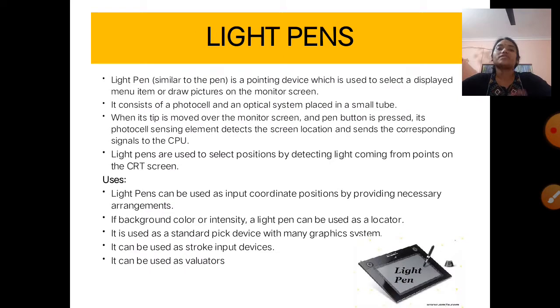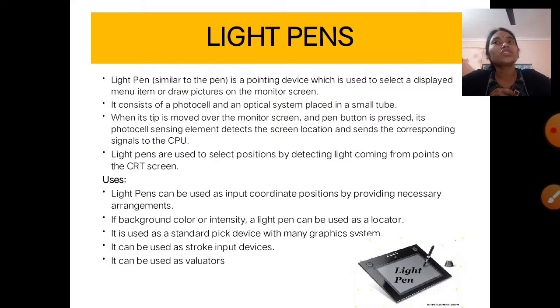Next we discuss the light pen. A light pen is a pointing device which is used to select a displayed menu item or draw pictures on the monitor screen.